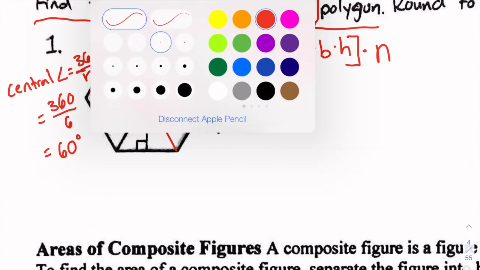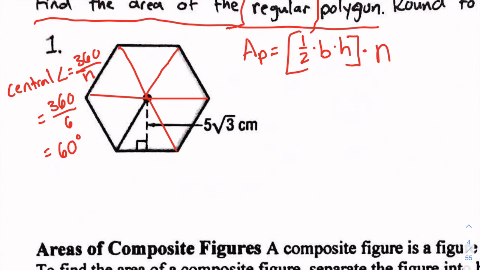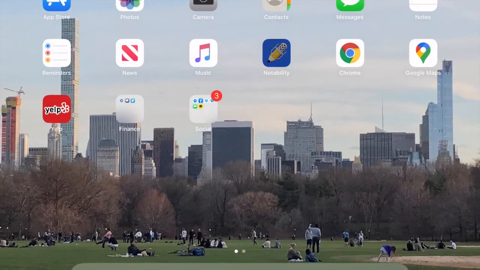Now this is gonna help us because it's letting us know that this whole entire angle is 60 degrees. Now, if that rings a bell, this is gonna be dealing with a 30, 60, 90 triangle.